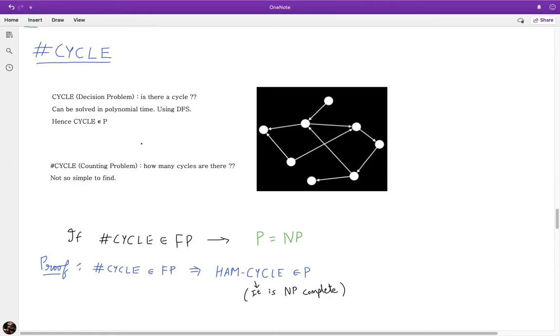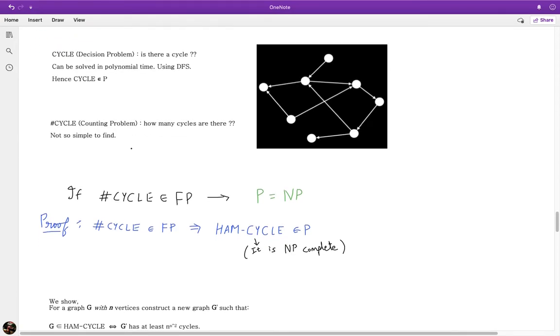This is a pretty straightforward problem, and we have a polynomial time algorithm which can solve it, and we can use depth first search for this kind of problem. Since it has a polynomial time solver, we can say that the cycle decision problem is in P. It belongs to the class P.